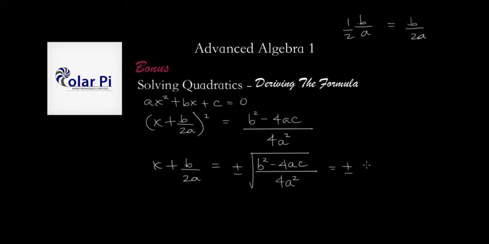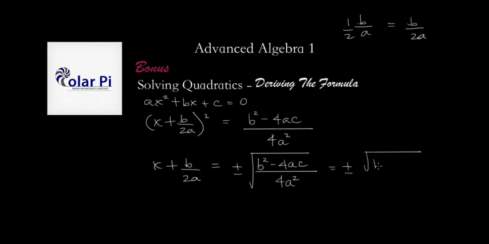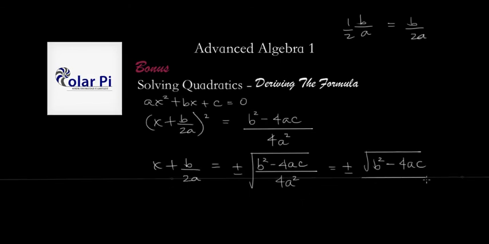So we could do the square root of b squared minus 4ac, all of that divided by the square root of the denominator, 4a squared. But wait, what's the square root of 4a squared in the denominator? We're lucky. Isn't that 2a? How nice.